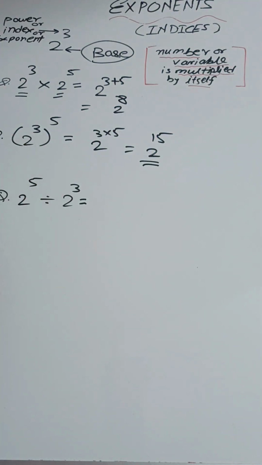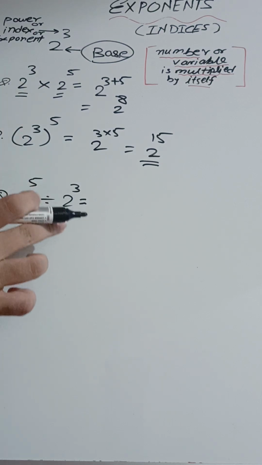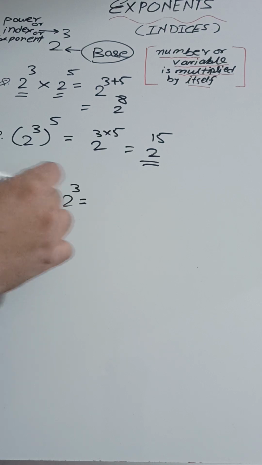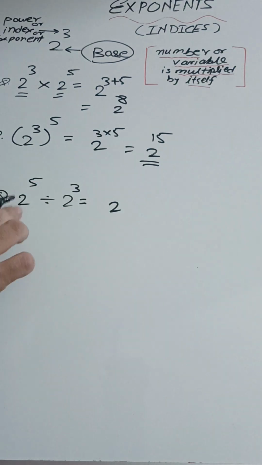Now let us see the third type. In this you can see 2 raised to power 5, divided by 2 raised to power 3. In the first one it was multiplication, now here it is division. So you have to simply subtract the powers. So write 2 here, the base is same.